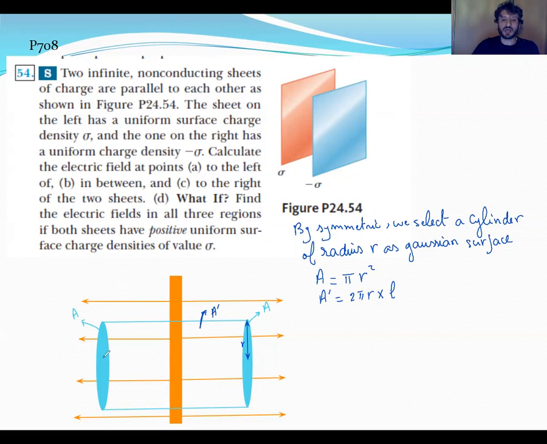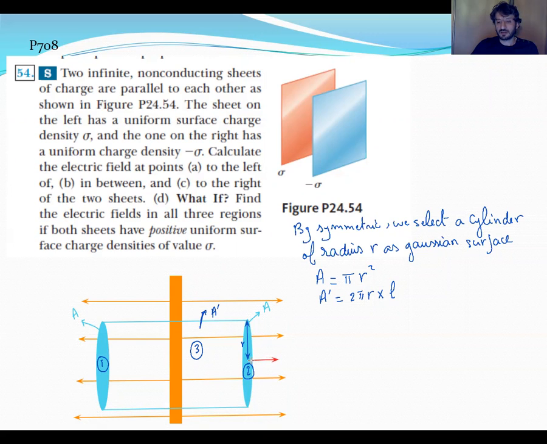So here we have side 1, side 2, and the lateral side, let's say side 3. I want to draw the A vector for each side.